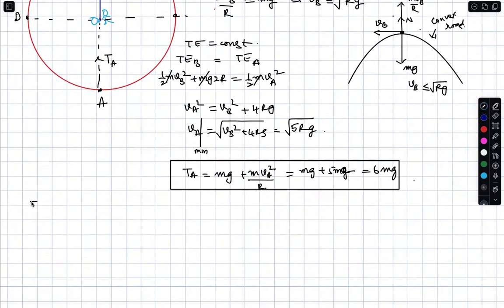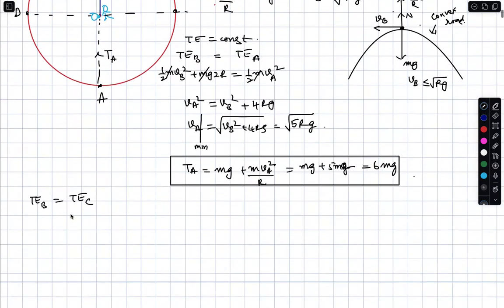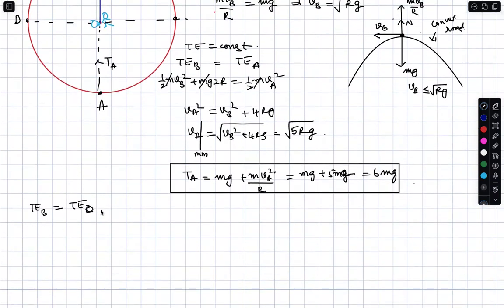Total energy is constant. Total energy at B is the same as total energy at D. Total energy at B is half mVB square plus mgr. Why am I not writing 2 mgr? Above the center it is r height. So total energy at D is half m Vd square, which implies Vd square is Vb square plus 2RG.